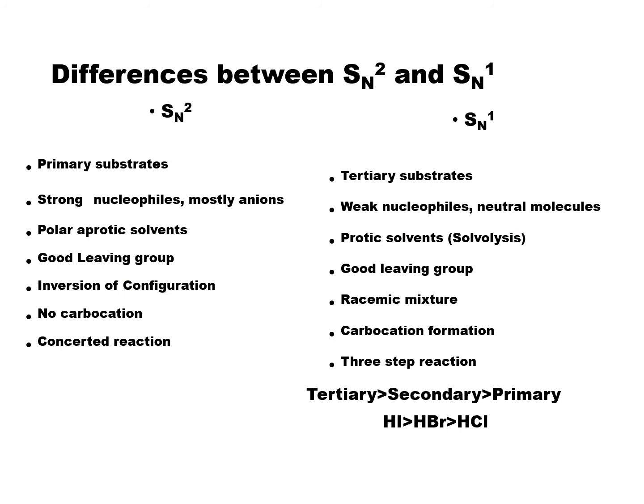There are three major factors that affect SN2 and SN1 reactions. The first factor is the nature of the substrate. Remember, I told you that the overview of substitution reaction is that there is the substrate and a nucleophile as reactants.